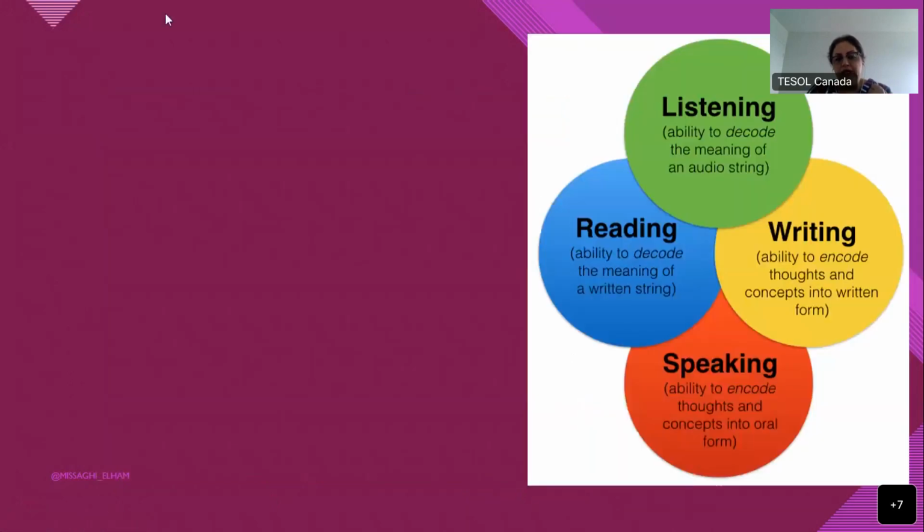But based on the definition we have for receptive and productive, is it possible that in one session you only teach listening? Is it possible you only work on listening or only work on speaking?